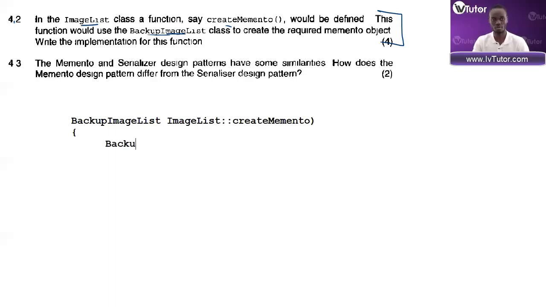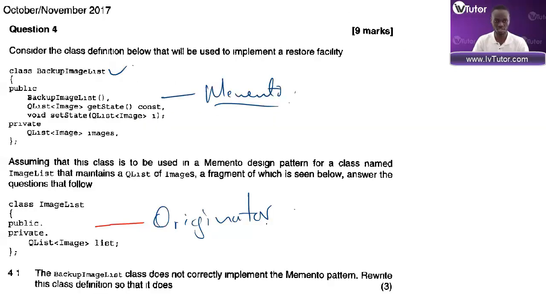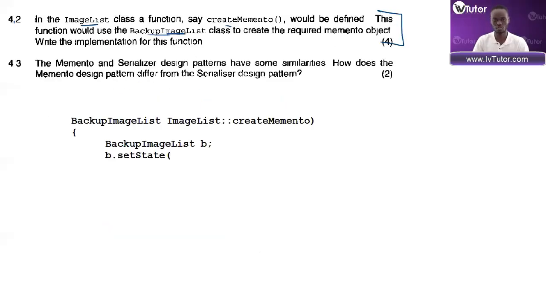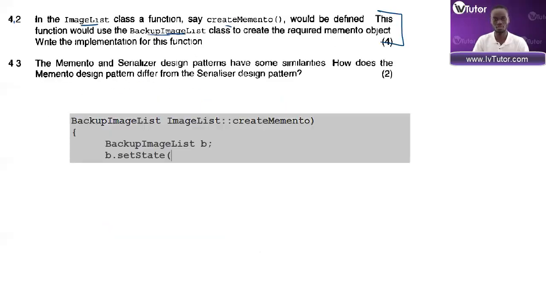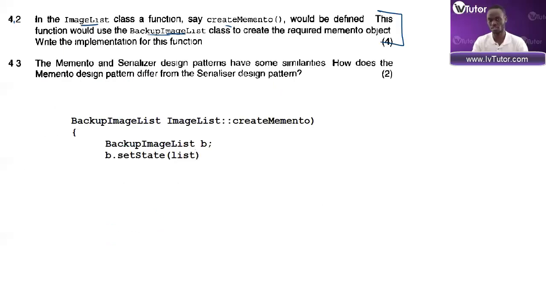So I can go backup image list, B. Then I can call b.set state. I give it my image list, which is this guy here. Set state, easy. So I go b.set state, I give it the list, and then I return b. That's a create memento function.